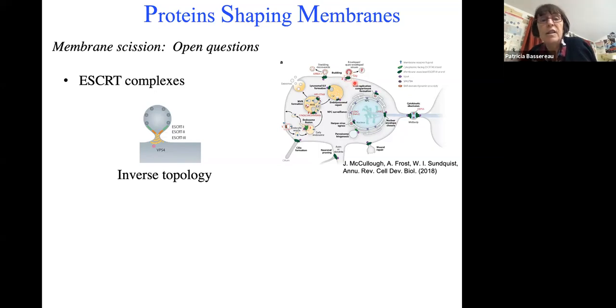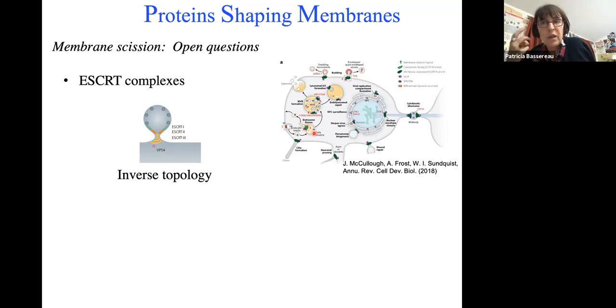This scission is performed by this kind of filament which assembles inside the neck of the bud. There are many other processes. I'm not going into the detail, but what they usually have in common is that they need to recruit this BIV complex into the neck of a bud. The bud could be a virus, or a vesicle like here, but it needs to assemble inside the neck.